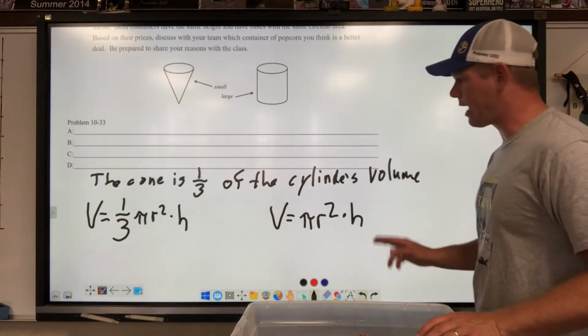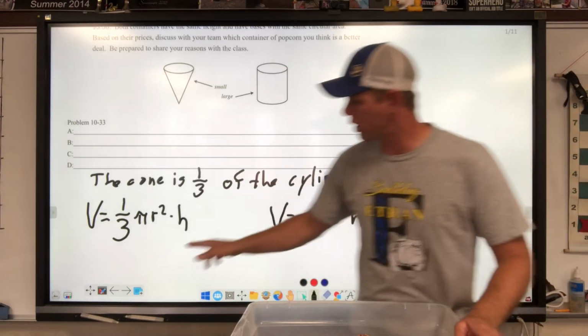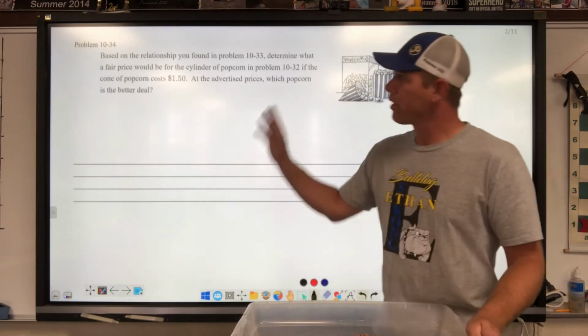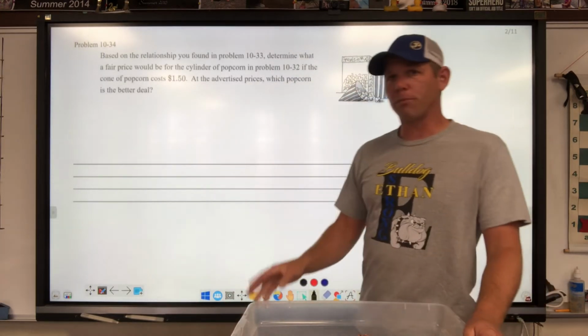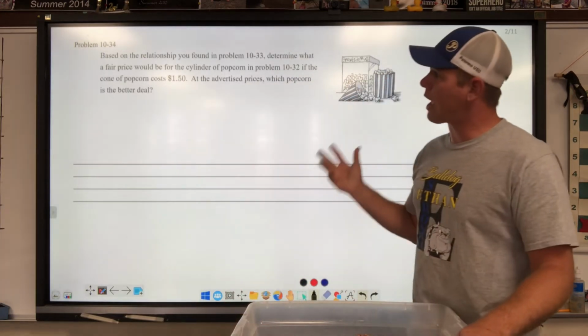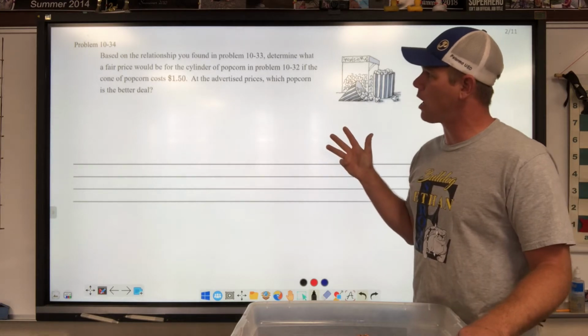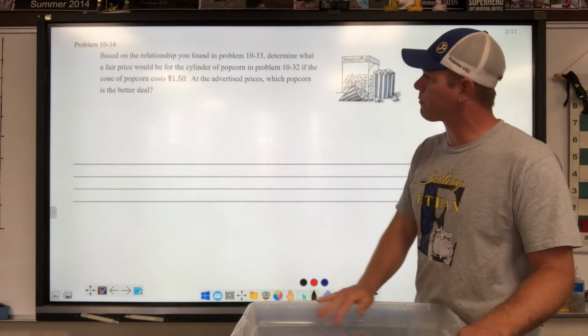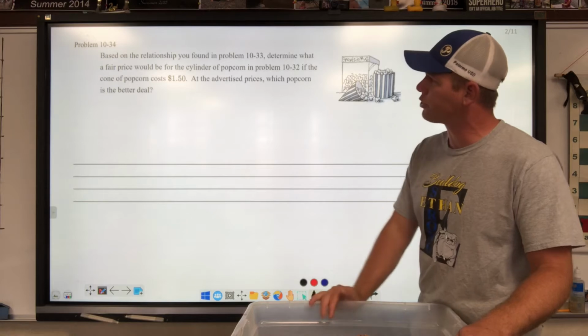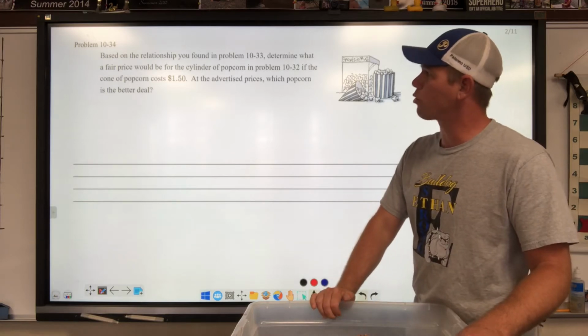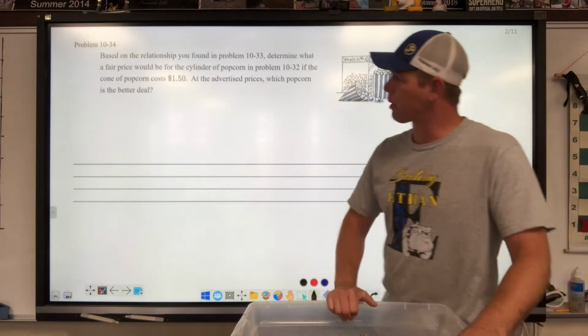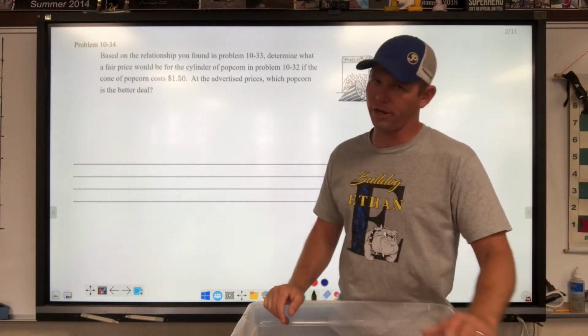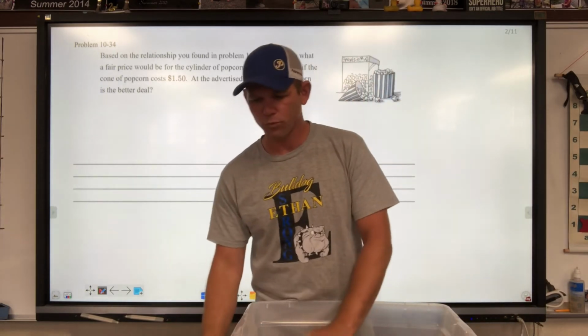So let's go ahead and answer the question regarding the movie theater. Based on the relationship we found in 1033, determine what a fair price would be for the cylinder popcorn in problem 1032 if the cone of popcorn costs $1.50. At the advertised prices, which popcorn is the better deal? Here's what I want you to write.